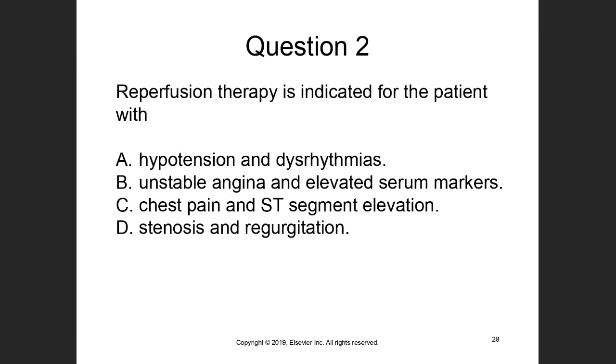According to your book, reperfusion therapy is the cath lab. But patients with unstable angina and elevated serum markers also go to the cath lab, okay? So this question is not the best question.